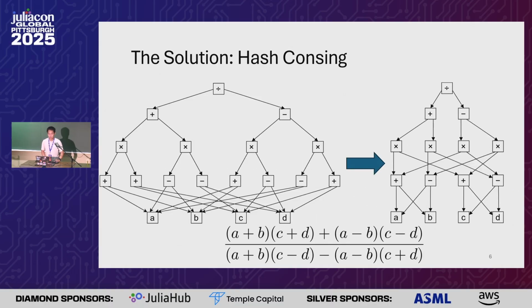With hash consing, the tree shown before is transformed into the compact directed acyclic graph shown on the right in this slide. As you can see, the duplicate trees, such as a plus b, are removed.